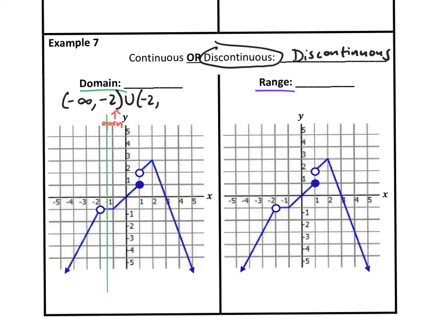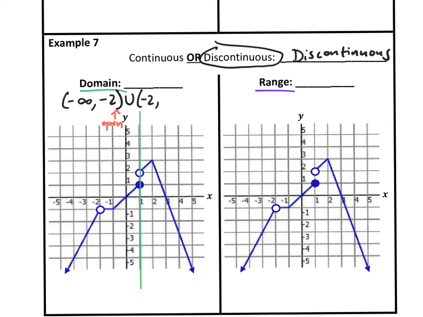And so I'm scanning, I keep scanning, I'm at -1, 0, 1. Huh. Am I still hitting the graph at 1, at x equals 1? Yes, right? I'm hitting it right here. So the graph still exists. Even though there's a hole here, I'm still hitting the graph here, so it still exists.